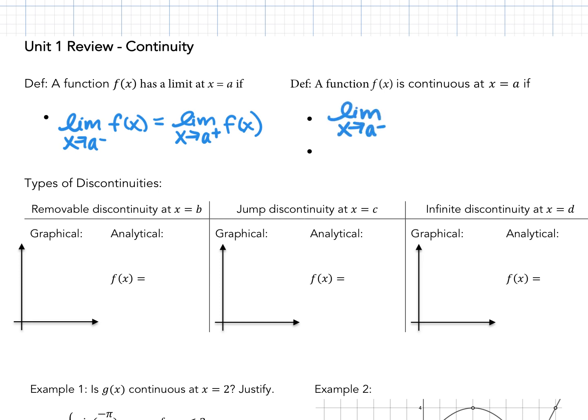Continuity required not only the existence of the left and the right, but it also had to have the existence of a closed point, and the function value at a needed to be the same as the limit value from the left and the right. That's the point that often gets lost when it says justify that it is continuous. You have to specifically say that it is a closed point and that the closed point actually fills the hole.